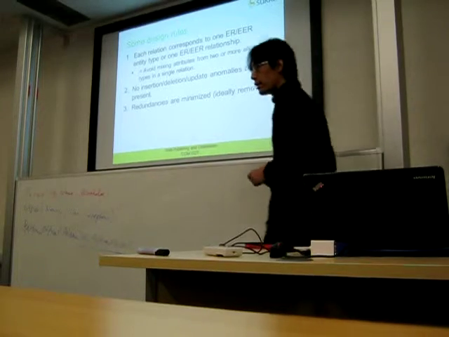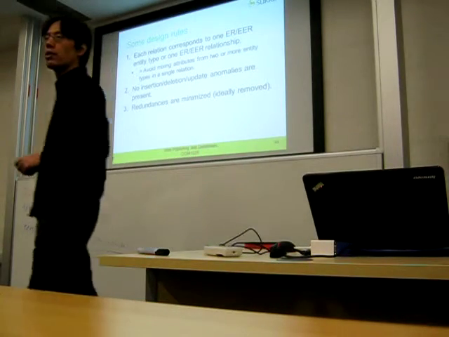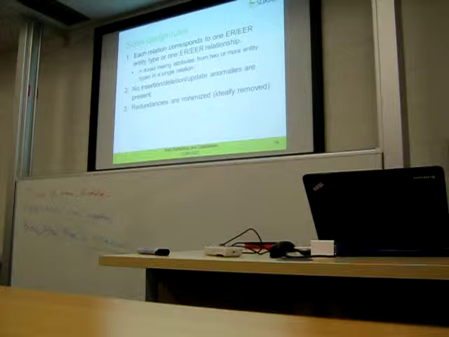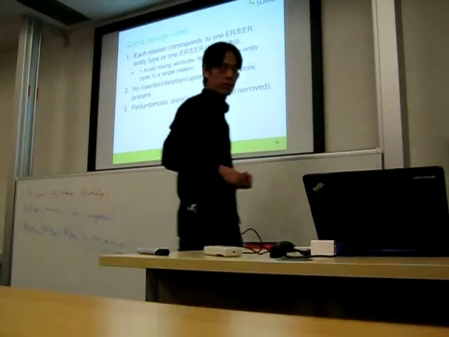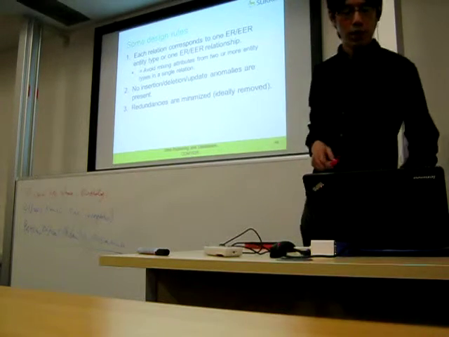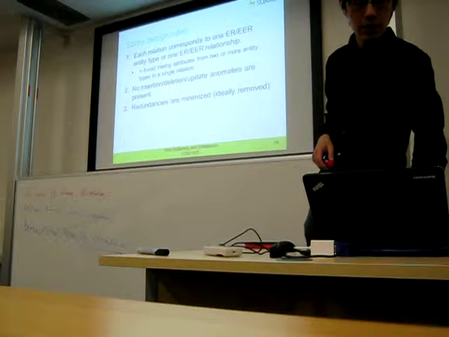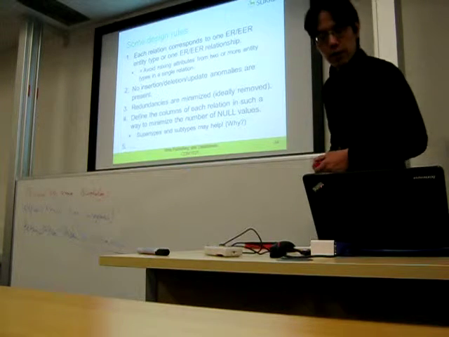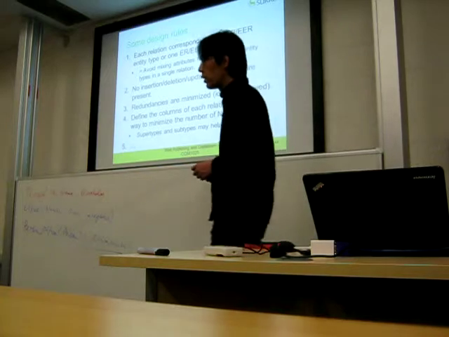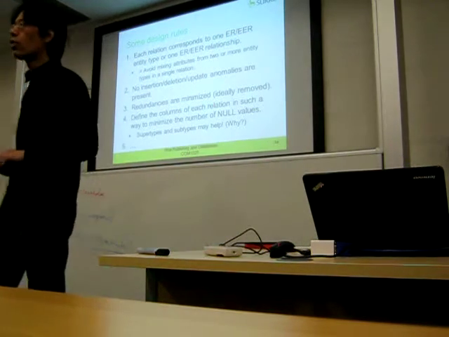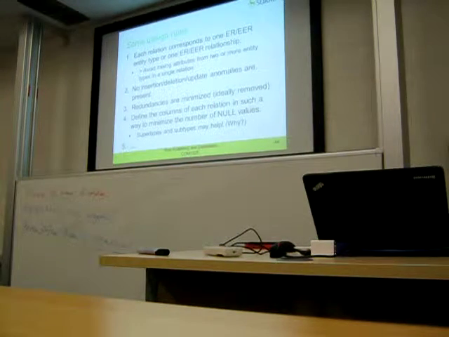Also look at redundancies and check, for every single table you have, whether it has redundancies, and if so, how you can minimize them, or ideally remove them completely, which is often not possible, because you have to have some level of redundancies. And also define your tables in such a way that you don't have that many null values.